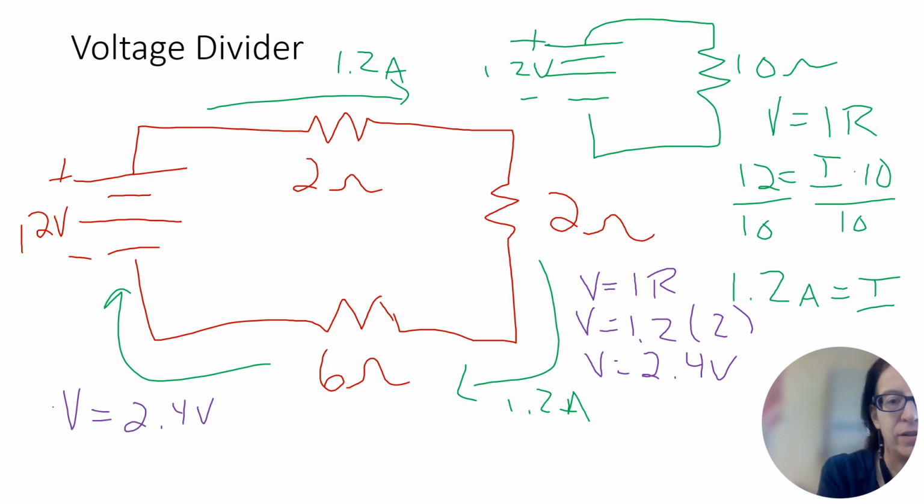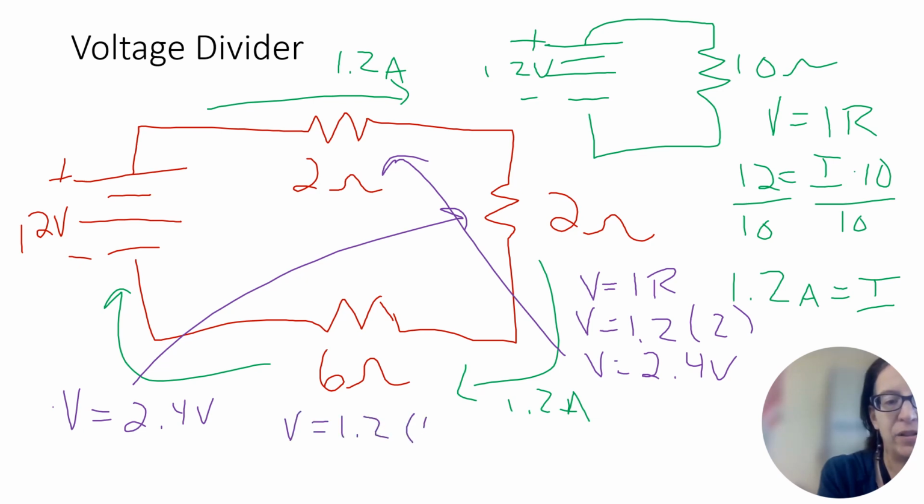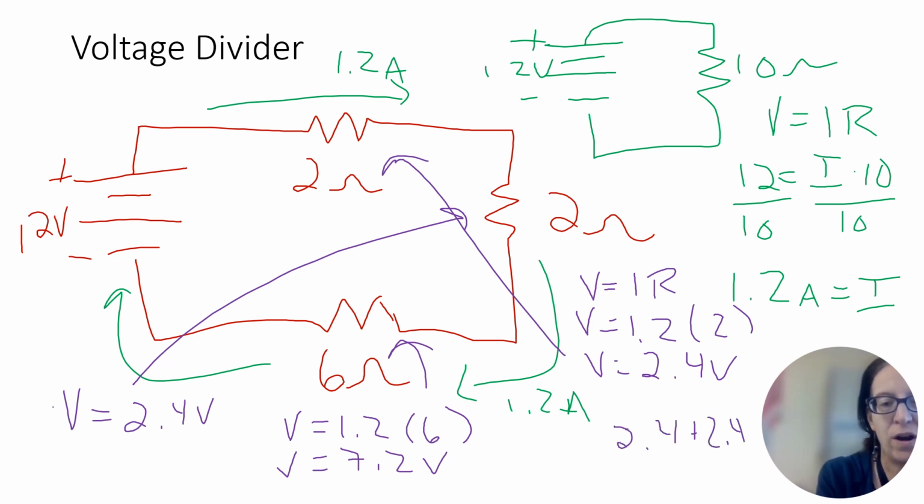And the last one, you would have 1.2 amps times 6, which is 7.2 volts. If you add them all up, 2.4 plus 2.4 plus 7.2, that is 4.8 plus 7.2, which is the 12 volts, and all 12 volts are accounted for.